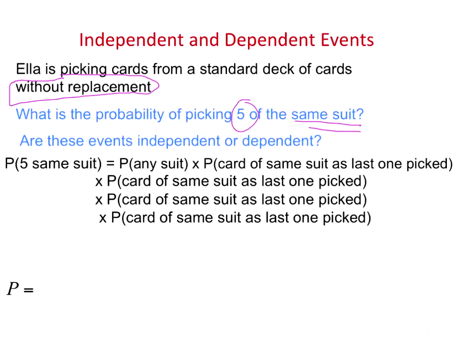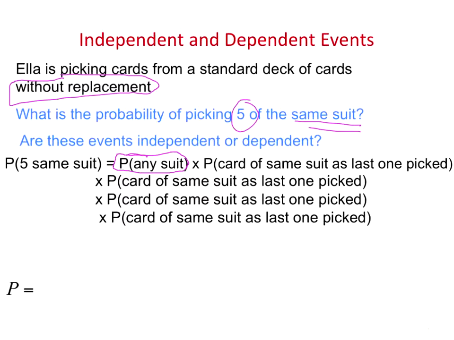So here's the question, though. See how she didn't tell you what suit you're going to pick? She didn't tell you. So your very first probability is your probability of picking any suit. If I fanned out cards for you and I said pick a suit, and you pick one, did you pick the right one? Yeah, because I didn't tell you which one. So what's your very first probability?